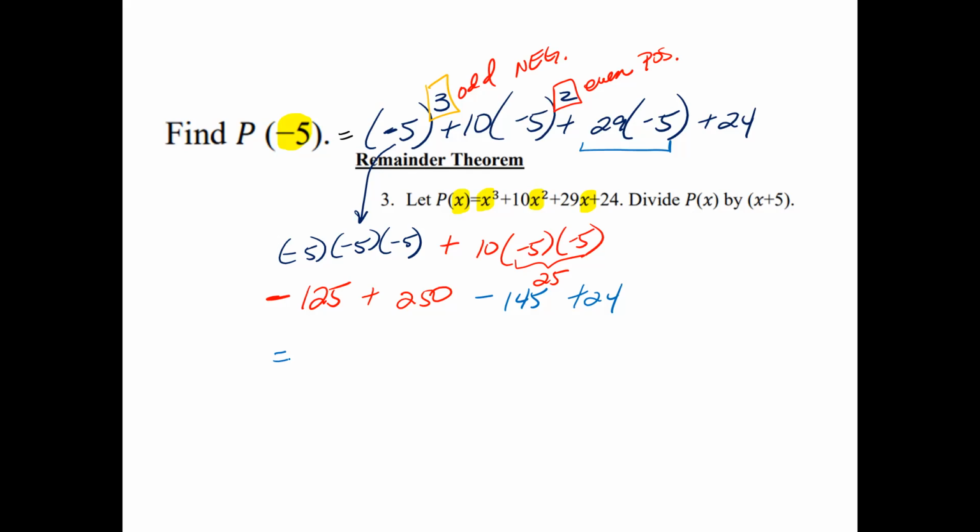All right, so then looking at this, negative 125 plus 250 minus 145 plus 24, your answer should just be 4.